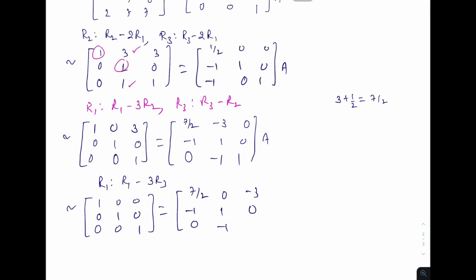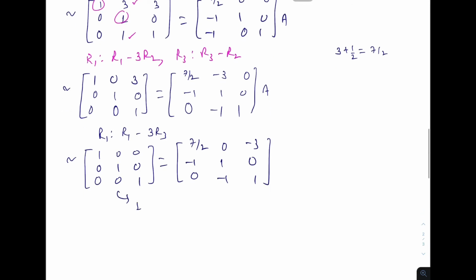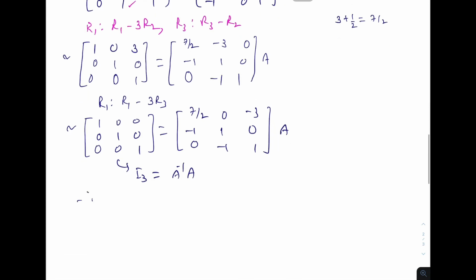This is 0 minus 1 1. And so this is our identity matrix. This one is our A inverse. So therefore A inverse equal to 7 by 2, 0, minus 3, minus 1, 1, 0, and 0, minus 1, 1.